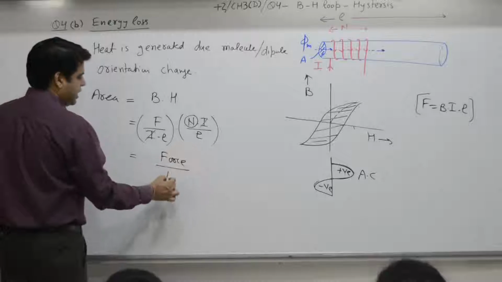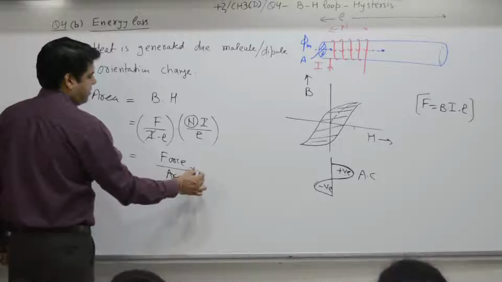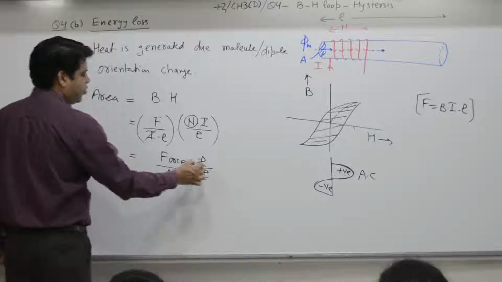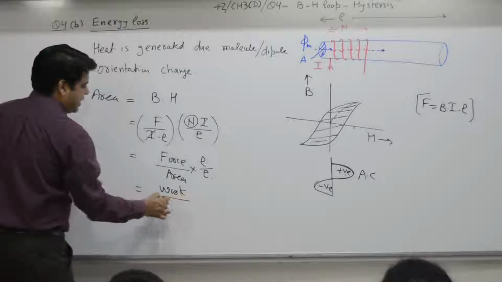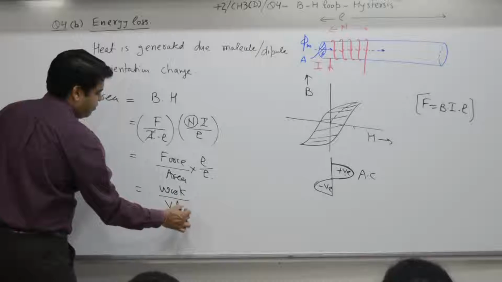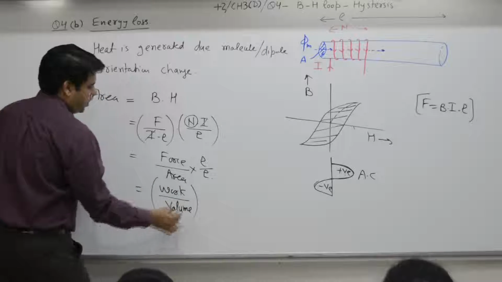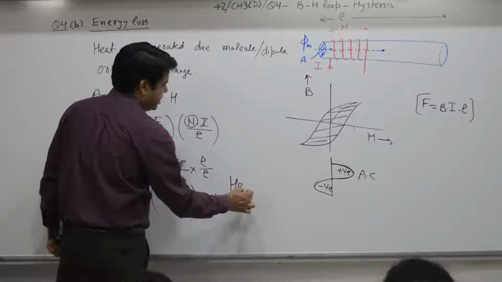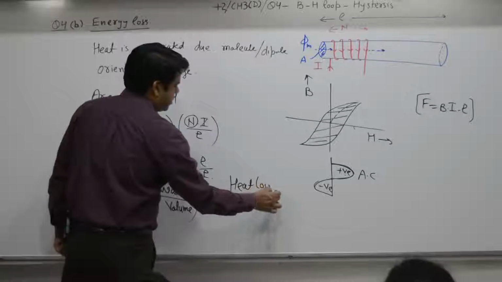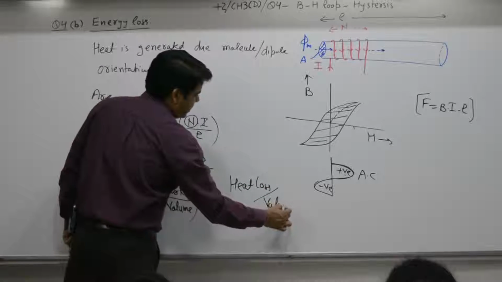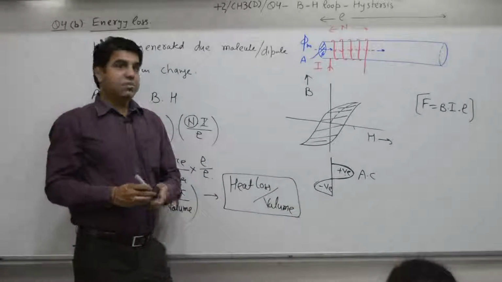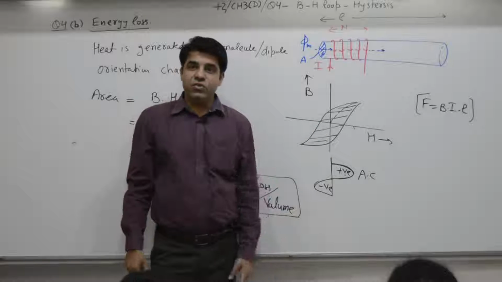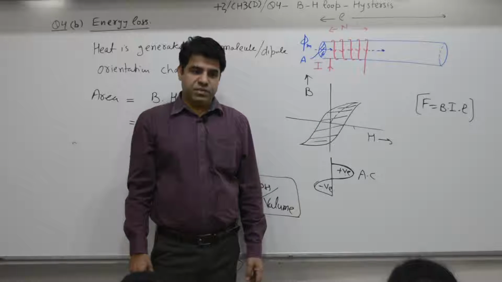Length into length is what? Area. If I multiply and divide by length, force into length or force into distance is what? Work. Area into length is what? Volume. It gives you what? Heat loss per unit volume.